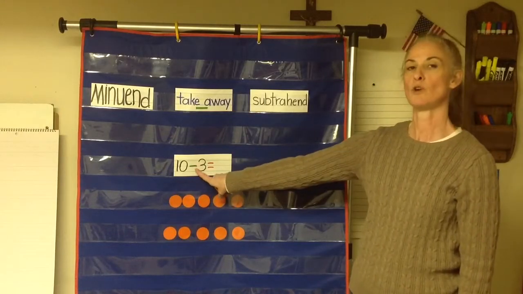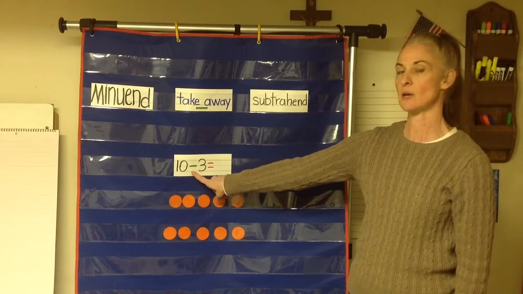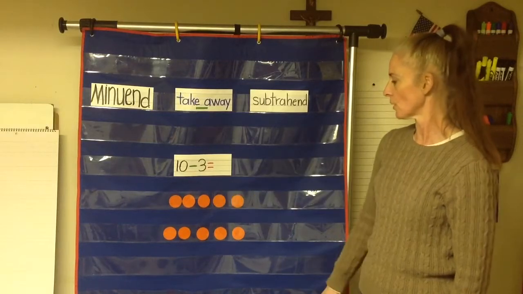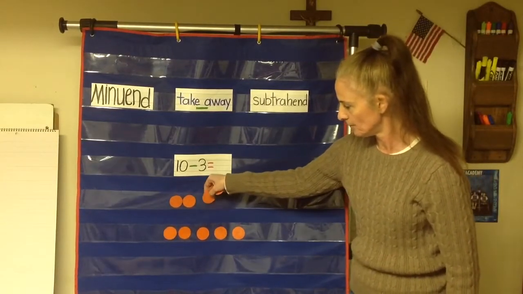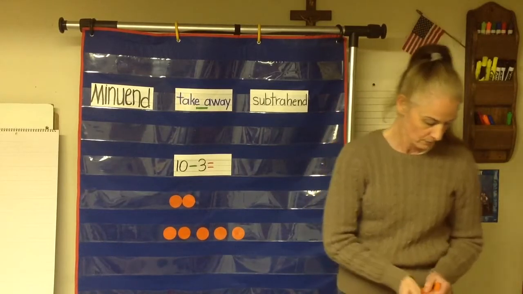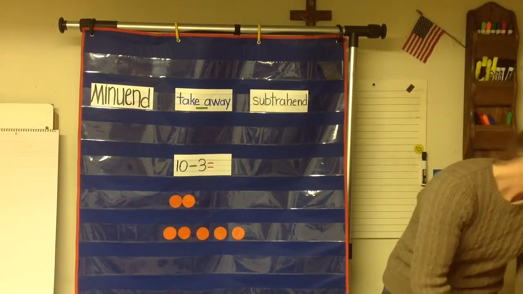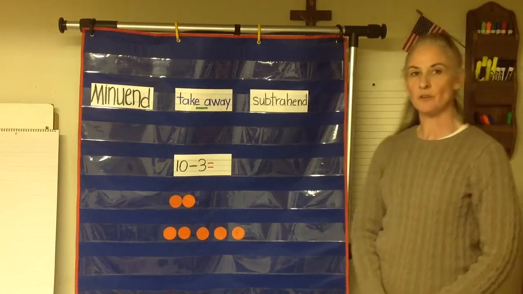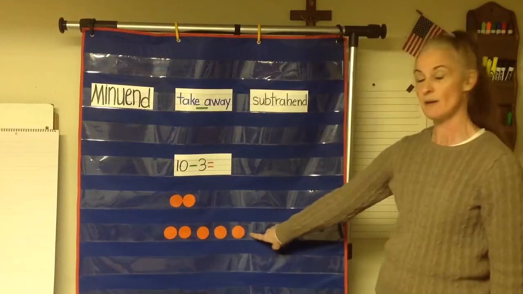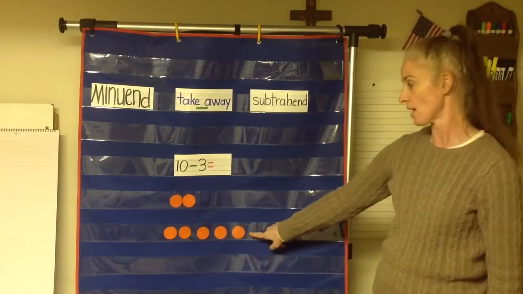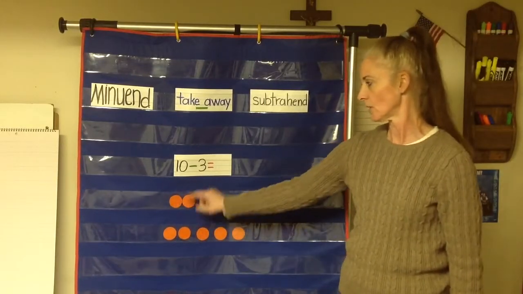How many do we want to go away? We're going to take away 3 is our subtrahend. Take away 3. 1, 2, 3. Let's see what our difference is. How many do we have left? Okay, we know this is going to be 5 because I did it like 10 frame. 5, 6, 7.